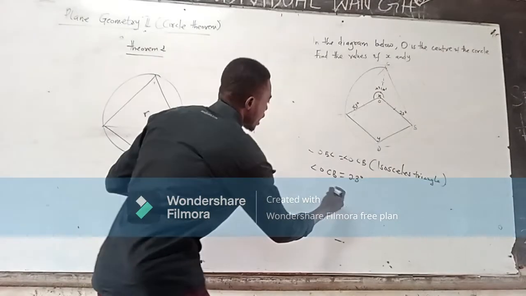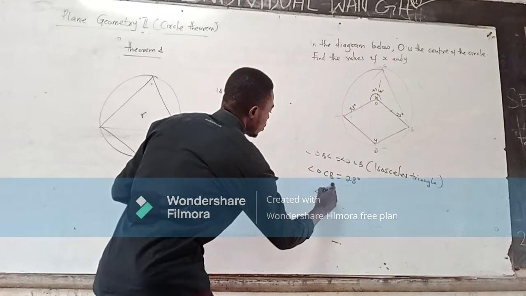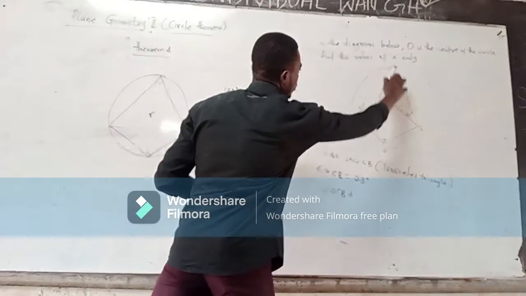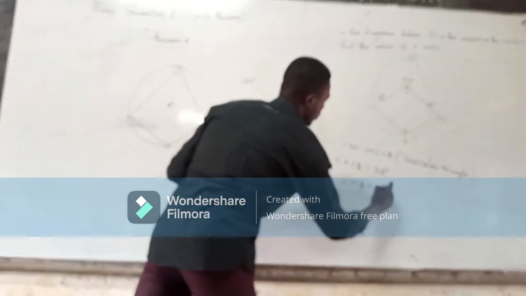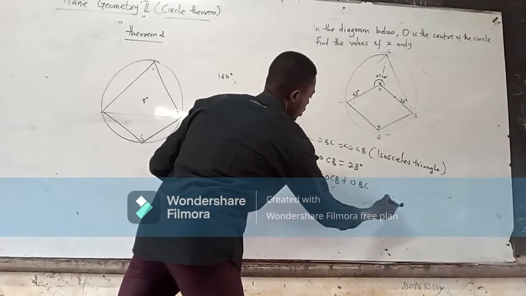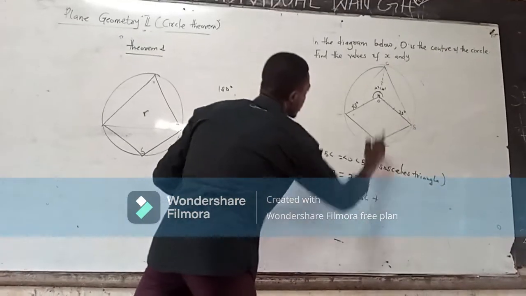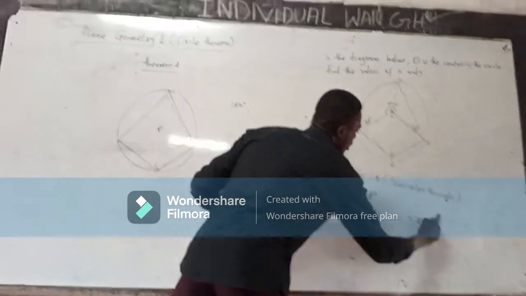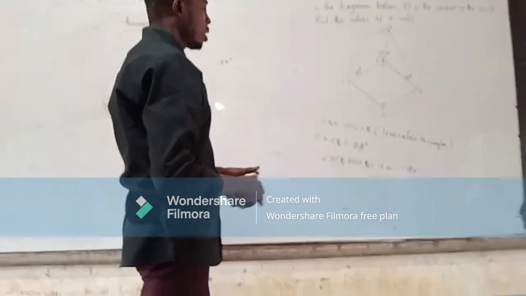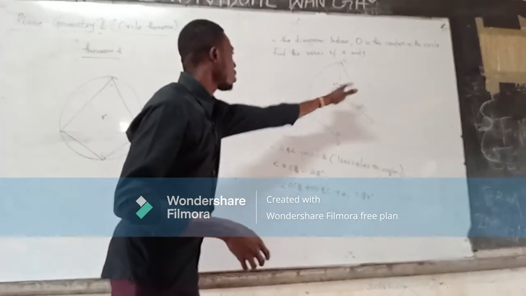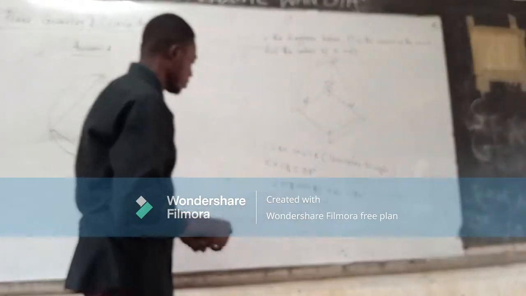So let's say that angle OCB plus angle OBC plus x1 is equal to 180. The sum is just the interior angles in a triangle, so they sum up to 180.